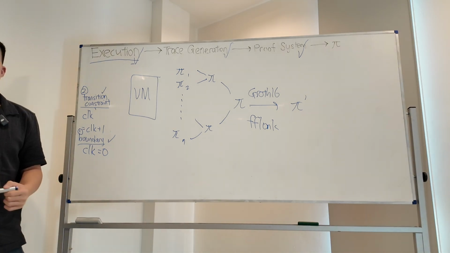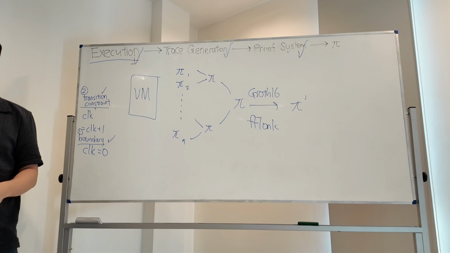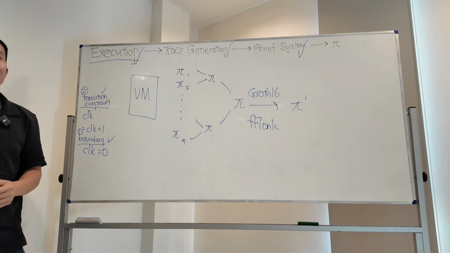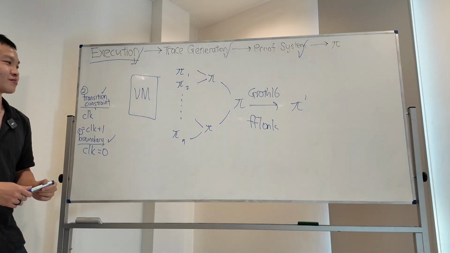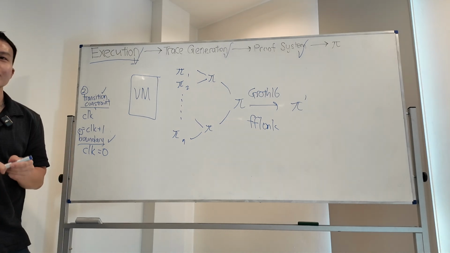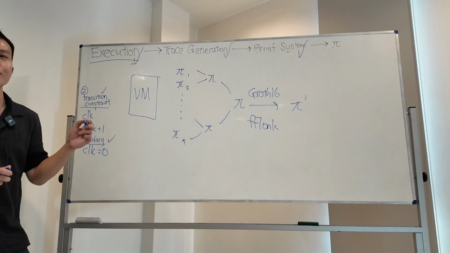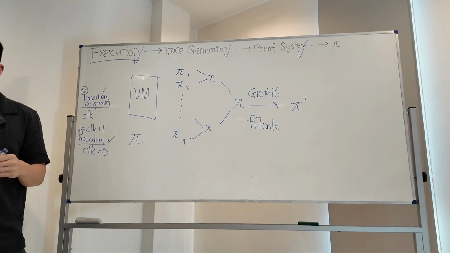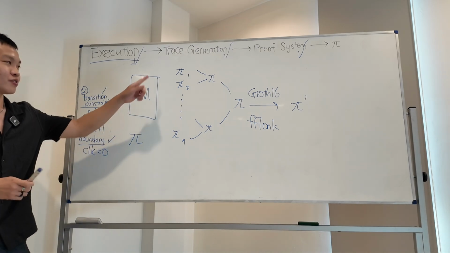Are pi 1 and pi 2 part of the trace, or different? What we talked about earlier is that they produce one proof of the entire execution of the VM. But in this case, the trace is broken up.